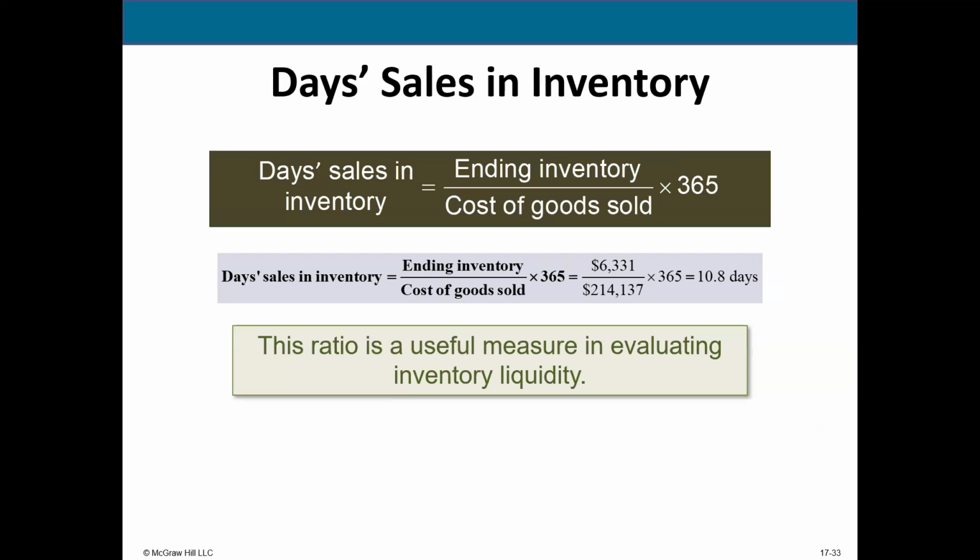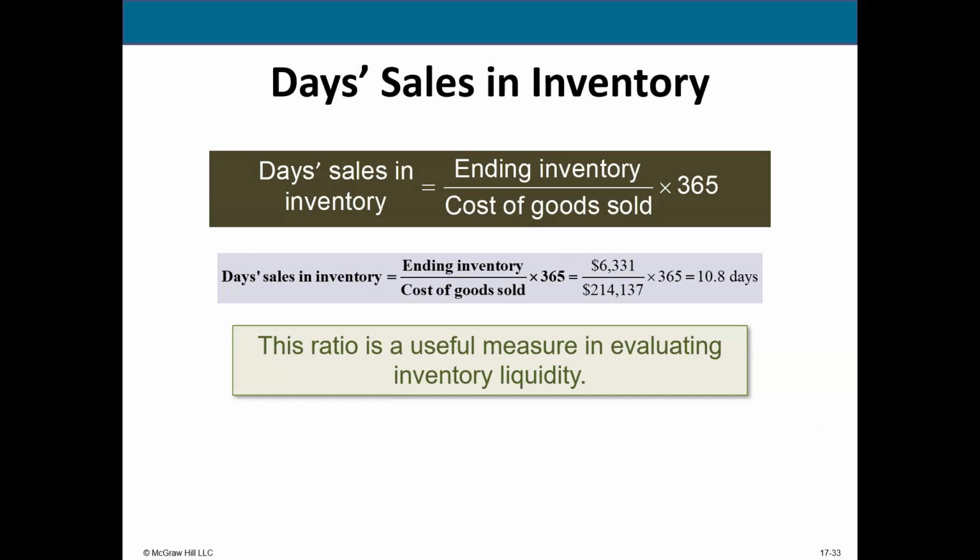Days sales in inventory tells us how long things are sitting on the shelf, how quickly we're selling through inventory, right? So the way we calculate this is we take the ending inventory balance found on your balance sheet, and we divide that by the cost of goods sold found on your income statement.